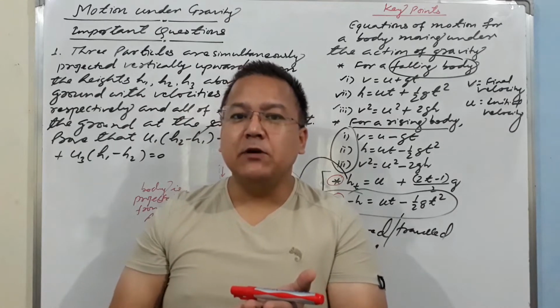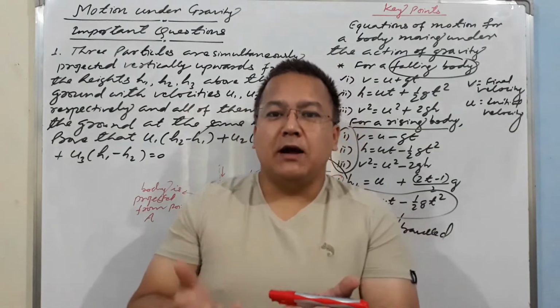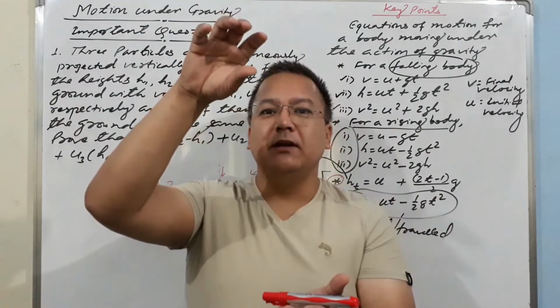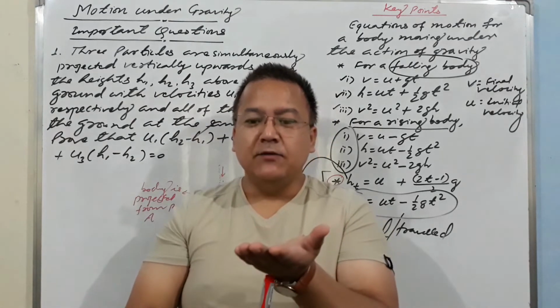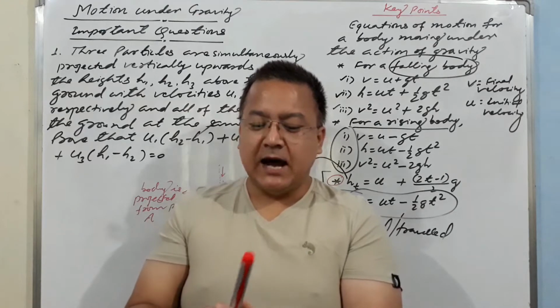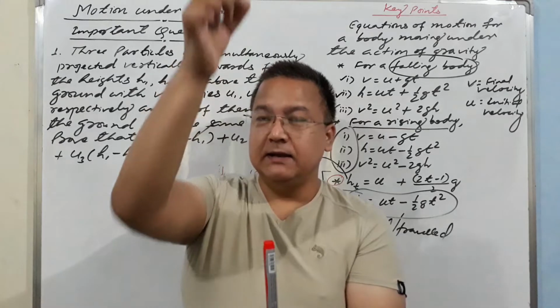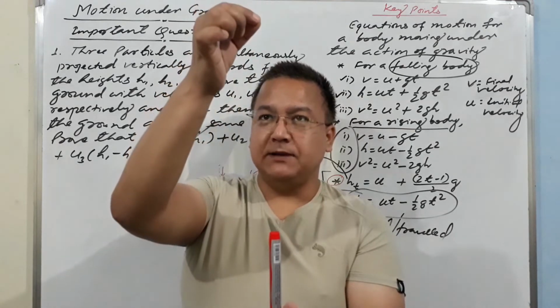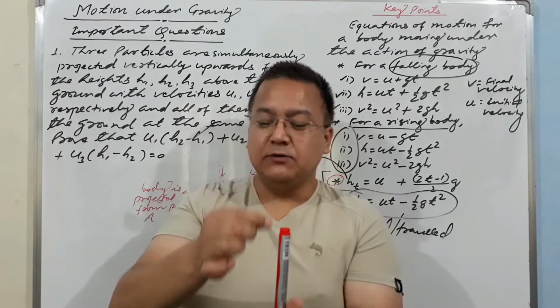So this means you are going to throw the particle from a certain height, right? Suppose this is the height h, and if you throw the particle from here, it goes up, and after some time it comes down, and it goes below.